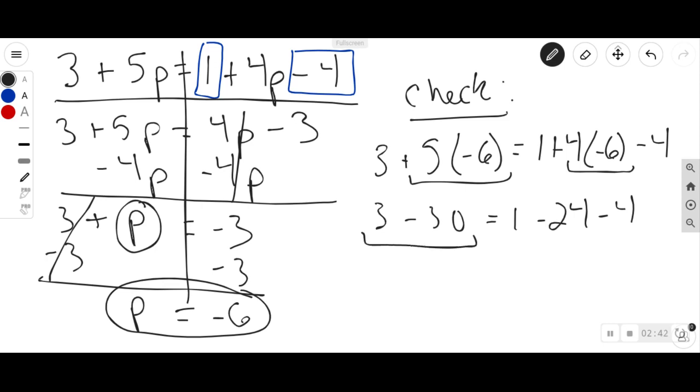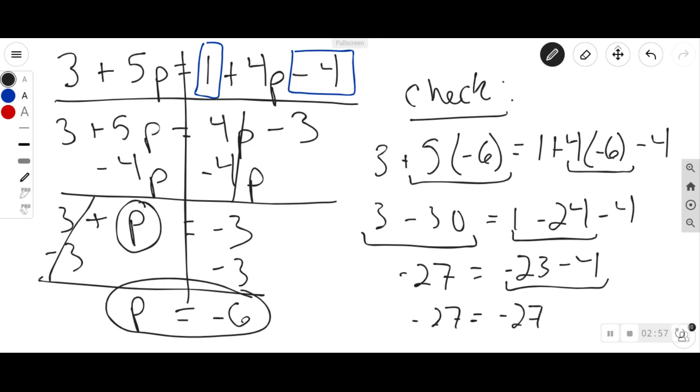So 3 minus 30, and then left to right on that. So that's negative 27 equals negative 23 minus 4. And then my last step, negative 27 equals, that's going to be negative 27. So it checks, so that means negative 6 is our solution.